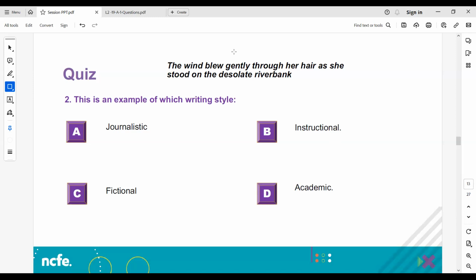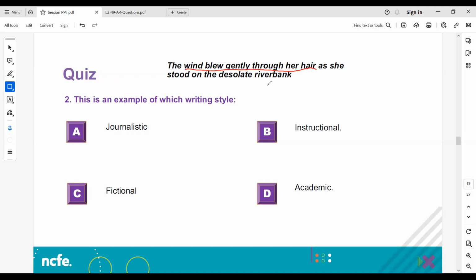Okay, so we've got this sentence here: the wind blew gently through her hair. If you were reading a news report, I'm trying to think of something that might happen on a riverbank. Somebody's fallen into the river, and a news report might say, the man fell into the river at midnight.